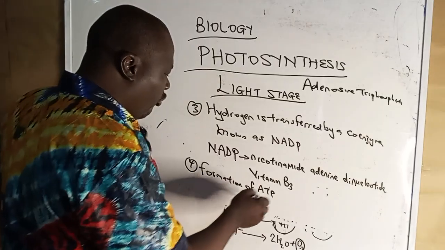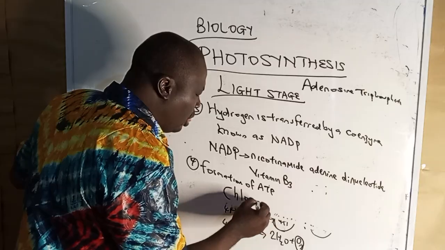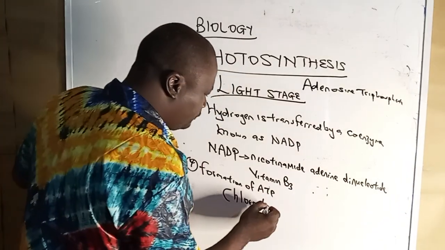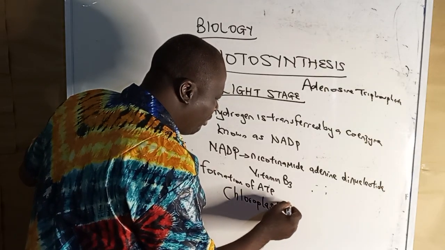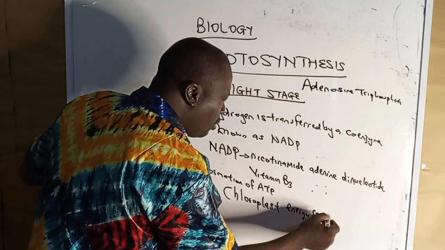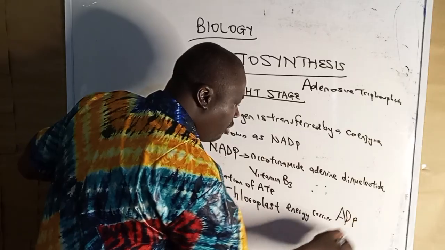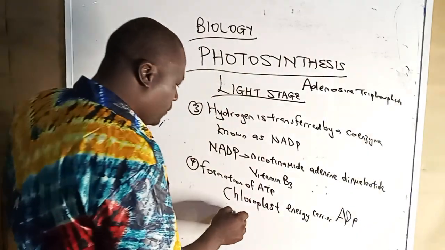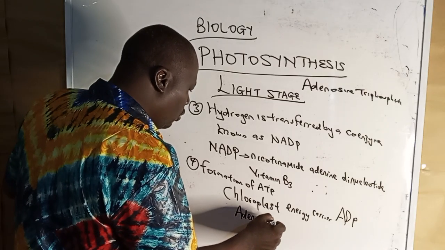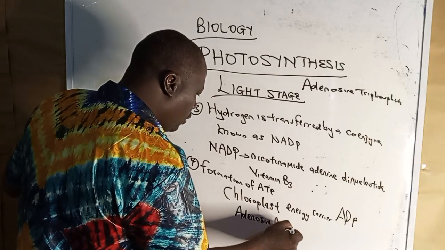There's something that happens in the function of ATP. The chloroplast contains an energy carrier called ADP, adenosine diphosphate.